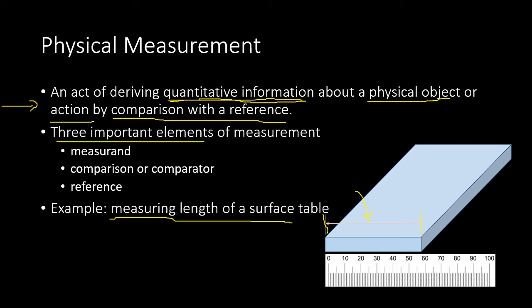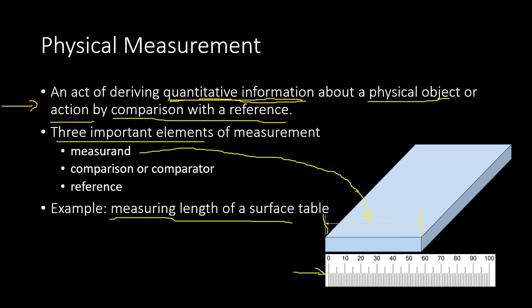Now as we want to measure this length, the length of the surface table becomes the measurand, and we are comparing the unknown length of the surface table with a reference, which is the scale in this case. So we are using a scale to measure the length of the surface table.